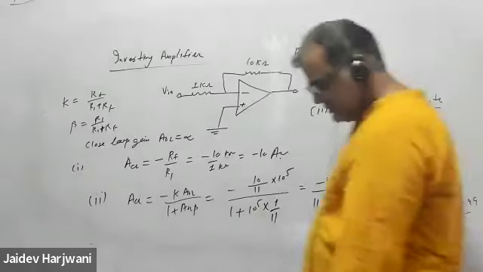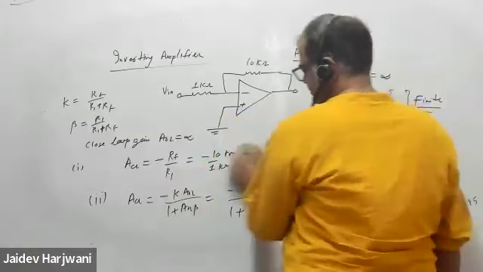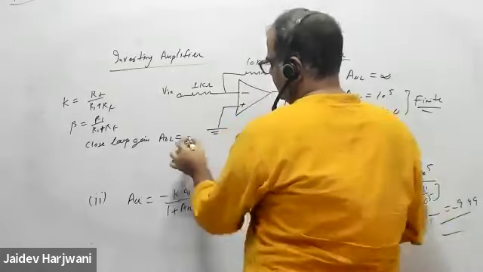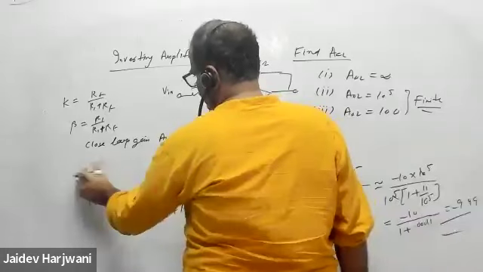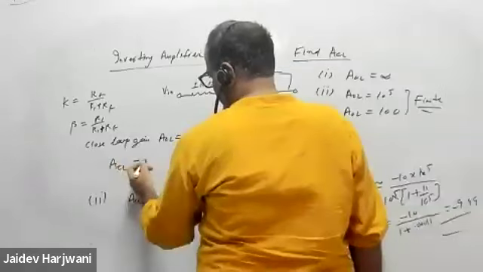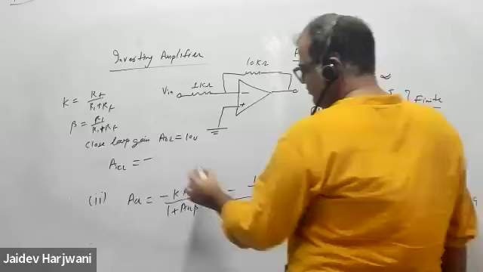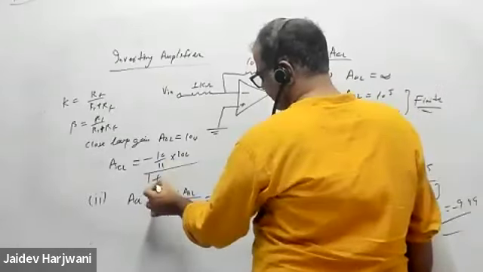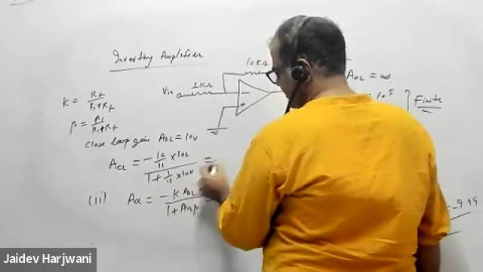And the third case, when your AOL is 100, the closed loop gain formula is minus K. The K value will not change, 10 by 11. This is 100, 1 plus 1 by 11 and 100.